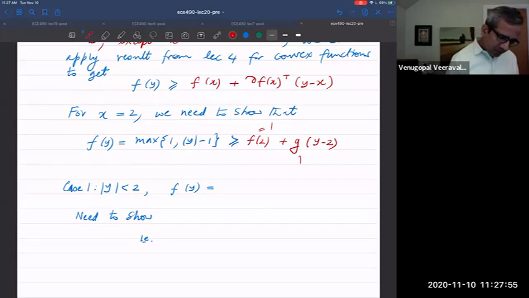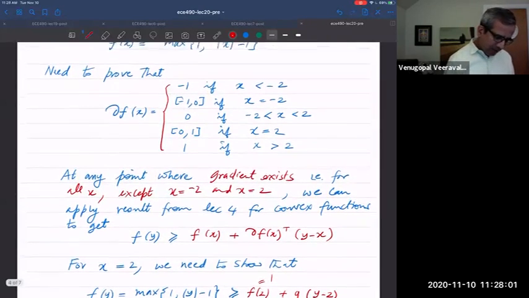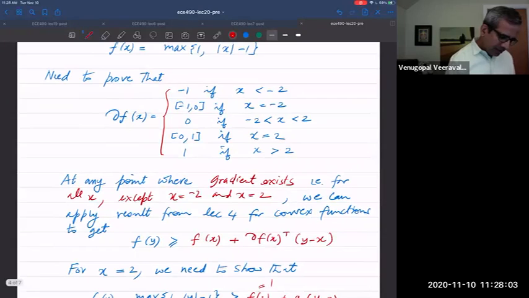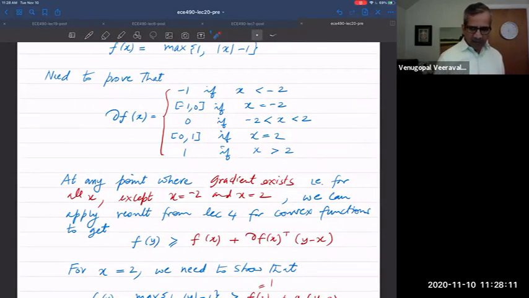And this has to hold for all g belonging to [0, 1], because we're trying to show that at x equal to 2, the entire set from 0 to 1 are candidates for subgradient.